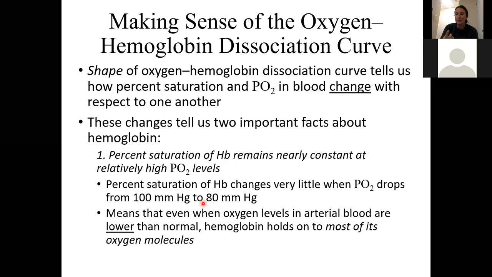So if you put a little pulse ox on your finger and take a look while breathing through a mask, or even holding your breath for a while, you'll see that it takes a really long time for your blood oxygen saturation levels to start to go down, right? So this is very beneficial to us. We can exist in a wide variety of conditions, of situations without a problem, right?